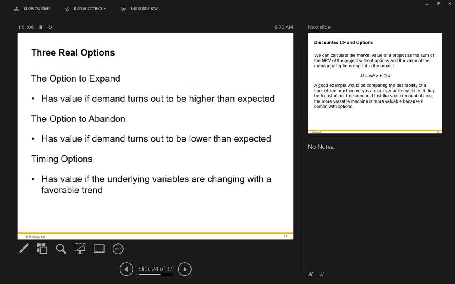We have three real options. We have the option to expand. So this has value if the demand turns out higher than expected than our prediction. The option to abandon. This turns out if it's lower than expected. And then we have a timing option, which has value if the underlying variables are changing with a trend.